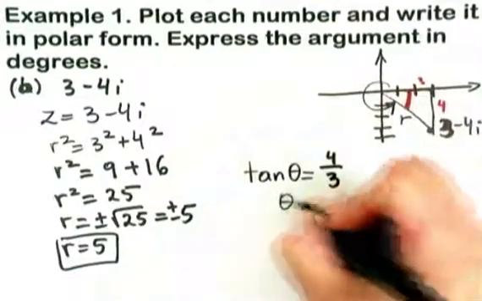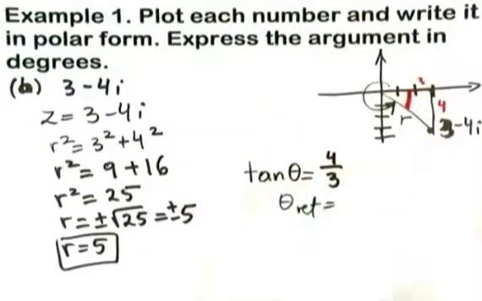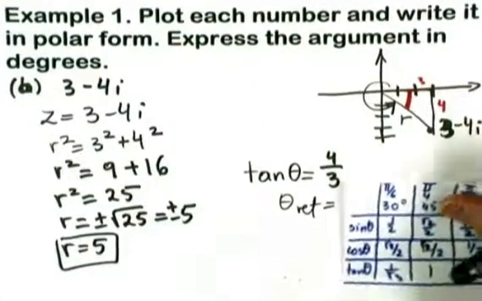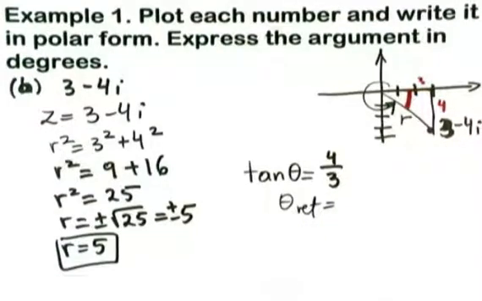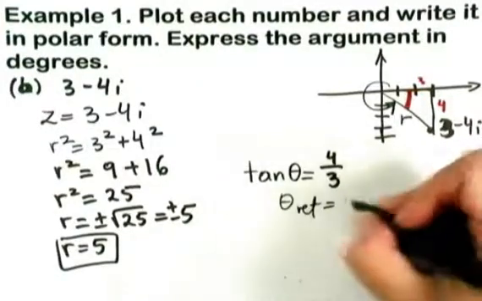So theta reference. We don't have this in our chart. If we look at our chart, we don't have the value 4/3. So we need to take the tangent inverse and get an approximate value from the calculator.